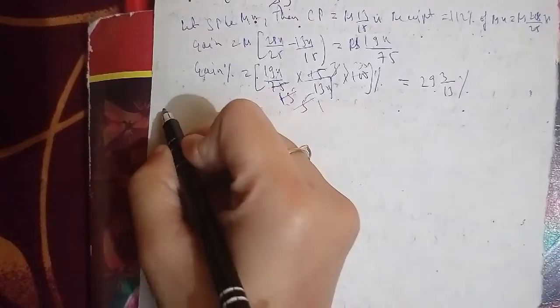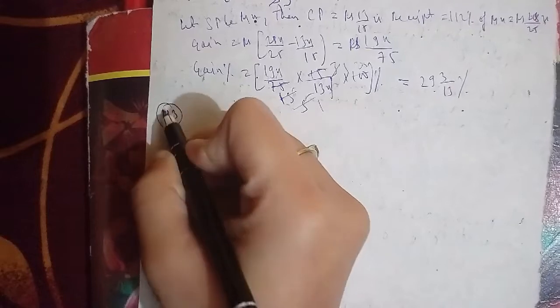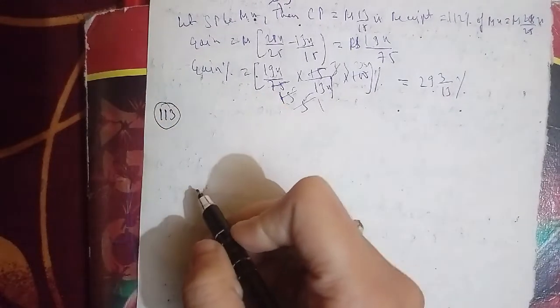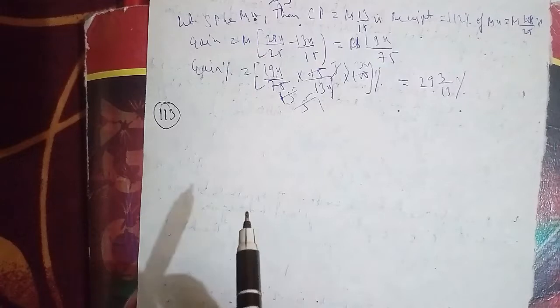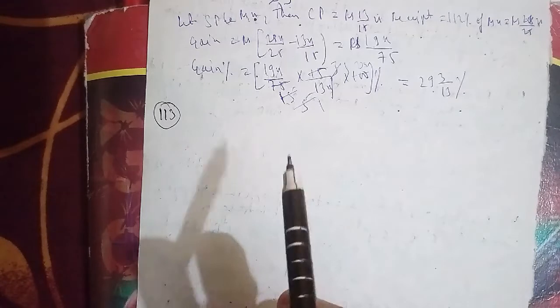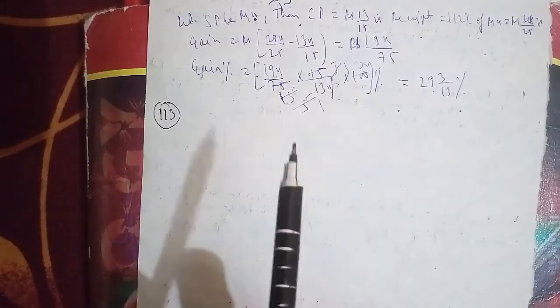So we go ahead for the same. A man buys an article for 10% less than its value and sells it for 10% more than its value.